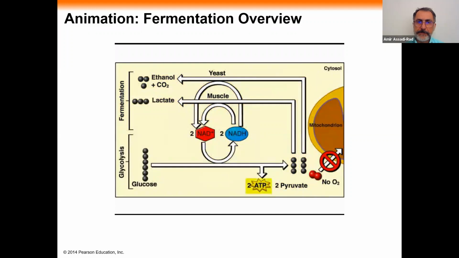The net energy gain in fermentation is 2 ATP molecules per molecule of glucose. Fermentation complements glycolysis and makes it possible for ATP to be continually produced in the absence of oxygen. There are 2 types of fermentation. Alcohol fermentation, which occurs in yeast, results in the production of ethanol and carbon dioxide. Lactic acid fermentation, which occurs in muscle, results in the production of lactate.